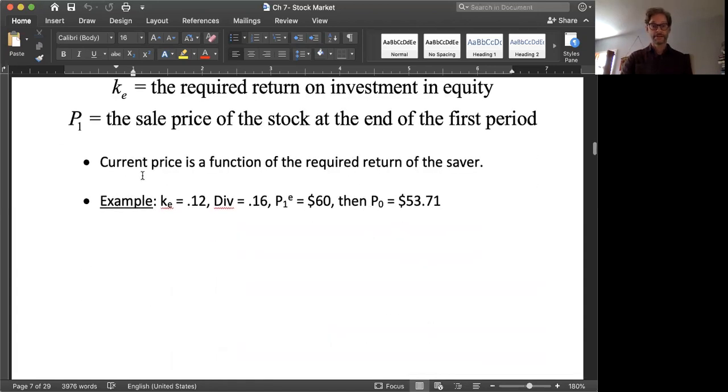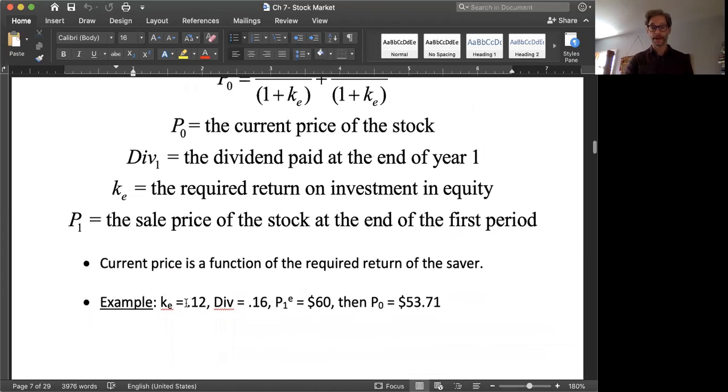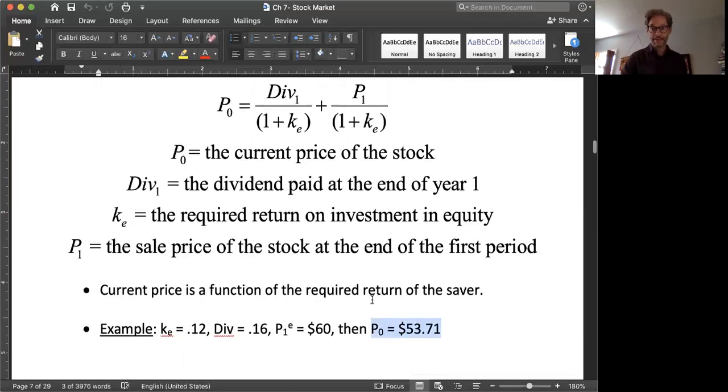So as a simple example here, if you have a required return for a particular stock of 12%, and you think the dividend is going to be 16 cents, and the price at the end of the year is going to be $60, then what would you pay for it today? You'd pay $53.71. How did I get this?